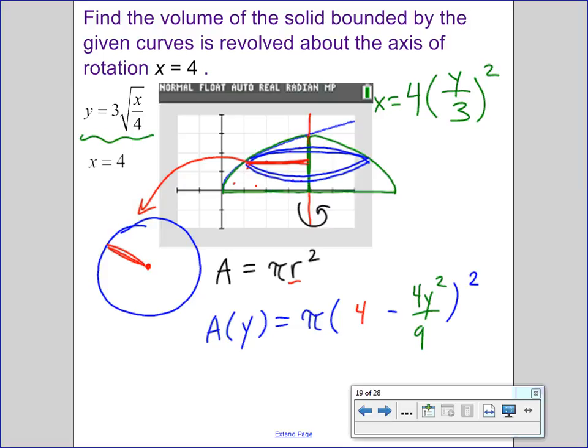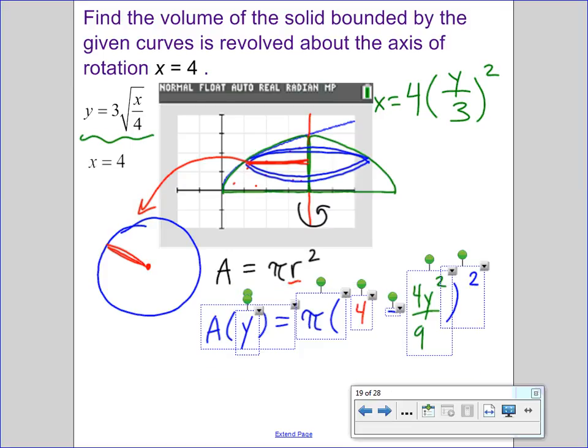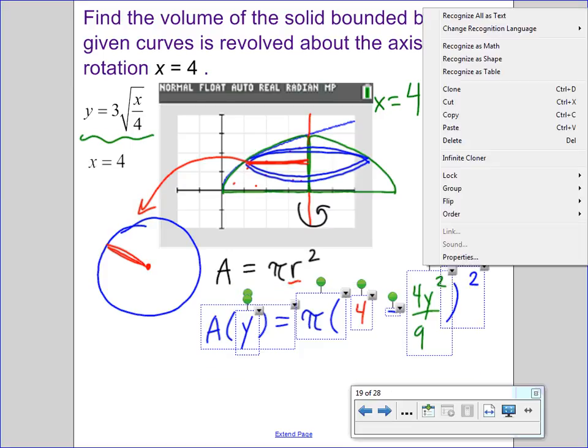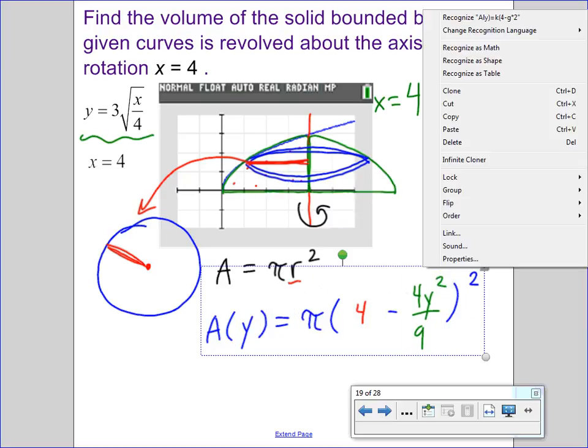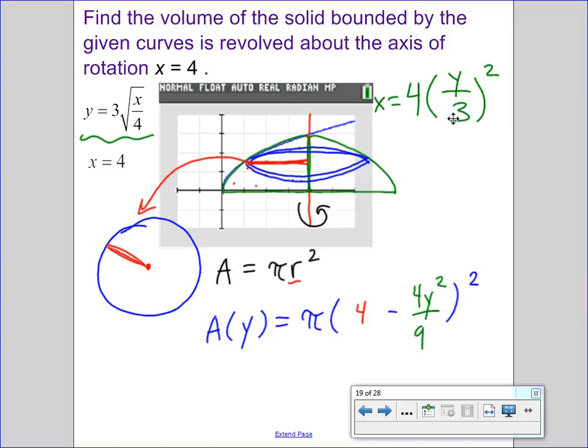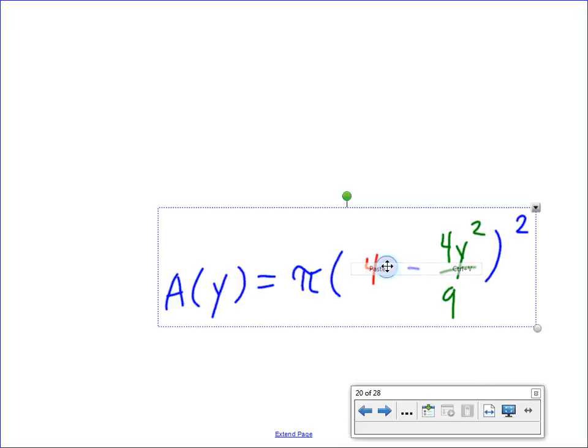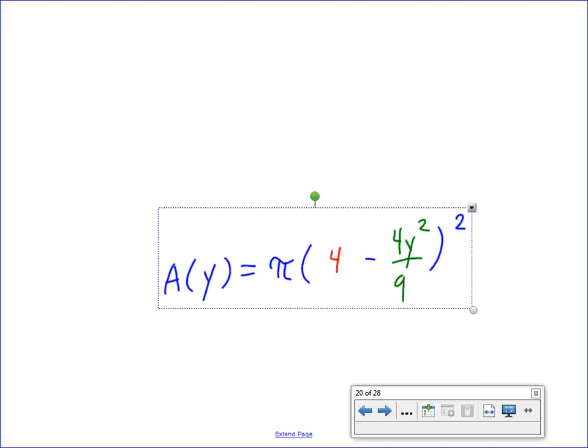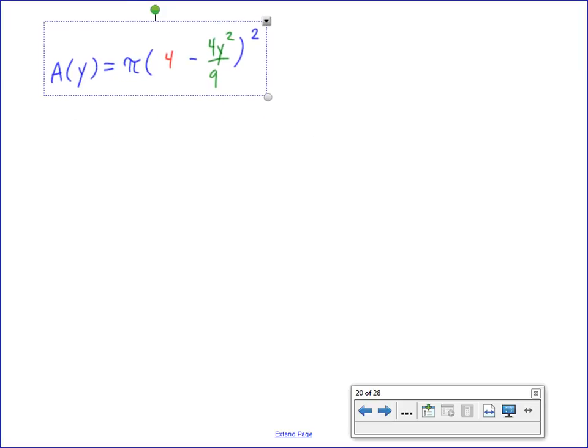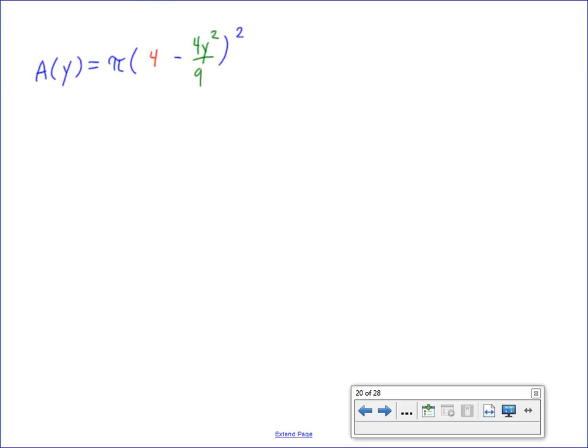And now we can go ahead and integrate that across the range of possible slices in order to get the volume. So let's do that.